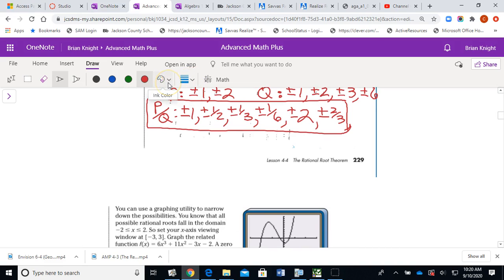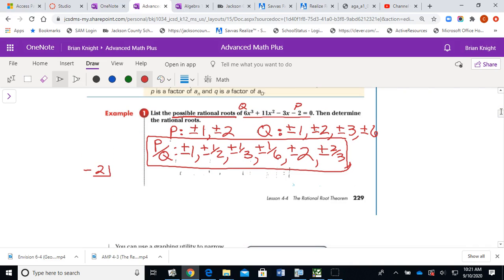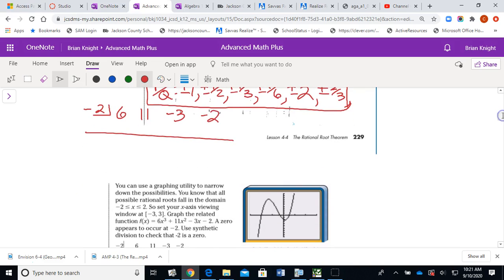-2. So I'm going to come over here. -2. And I plug in. Let's see here. It looks like, well, since you have fractions, 6, 11, negative 3, negative 2, and we do our synthetic division just like we did yesterday.